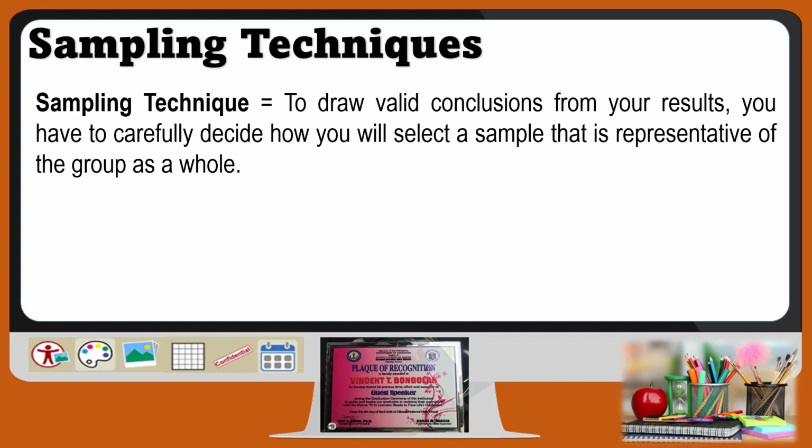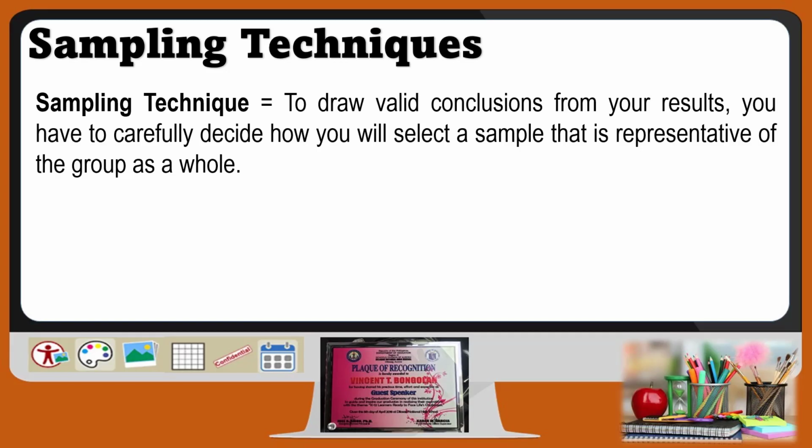The sampling techniques. In order for you to draw a valid conclusion from the results, you have to carefully decide how you will select a sample that could really represent the whole group, that could really represent the population.